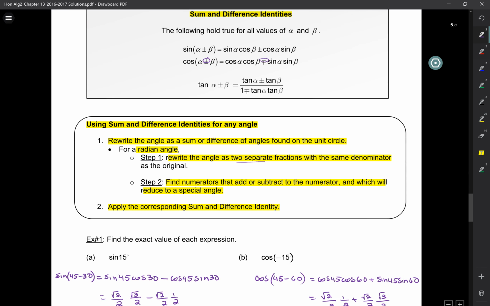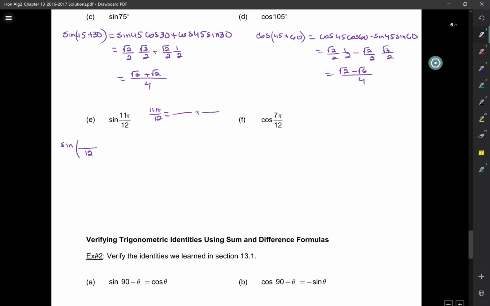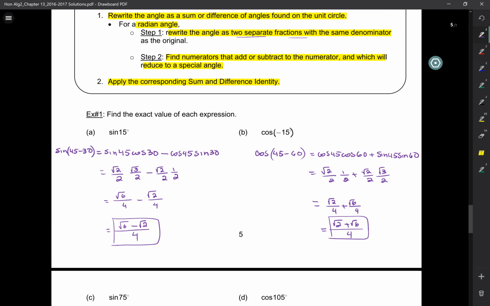Rewrite the angles as two separate fractions with the same denominator as the original. Now, I want to put numerators here that add or subtract to the original numerator and which will reduce to a special angle.